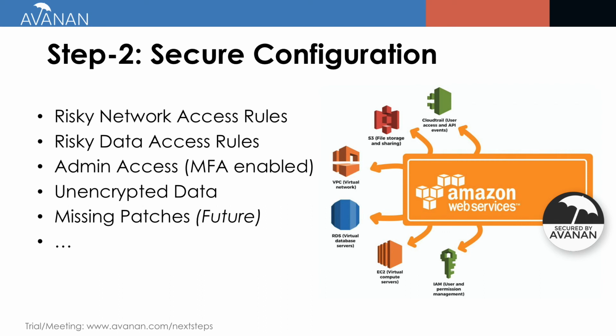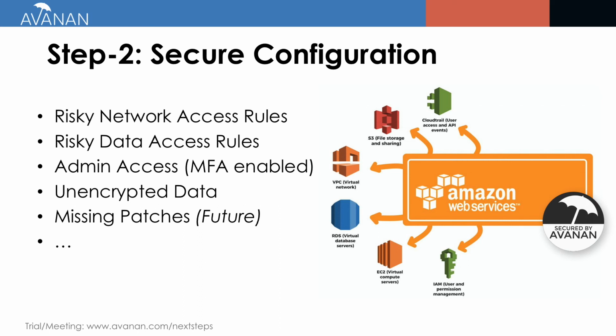The second step is to connect to this service through the admin credentials, and then basically perform a scan that will flag out configurations that are suspicious or unsecure, etc. So it could be risky network access logs, it could be data access that you don't want, for example, an S3 bucket that is open to everyone.